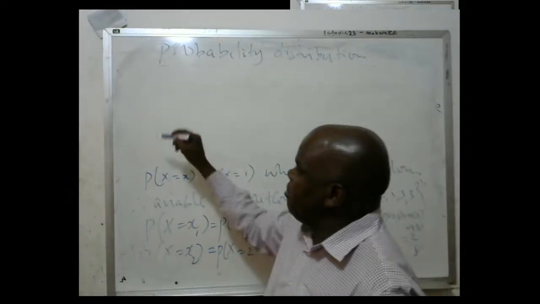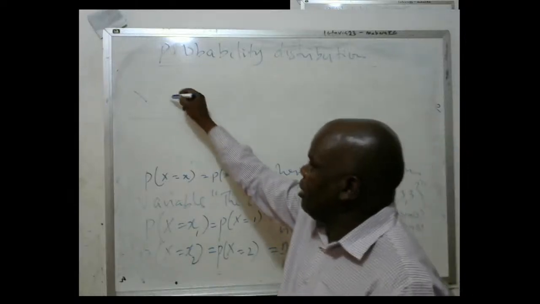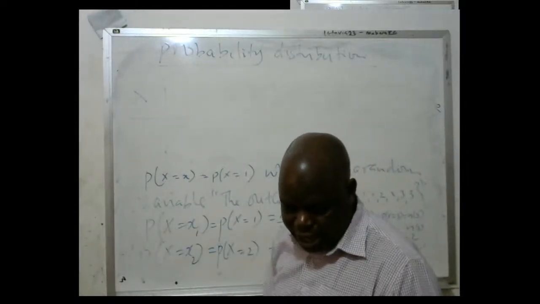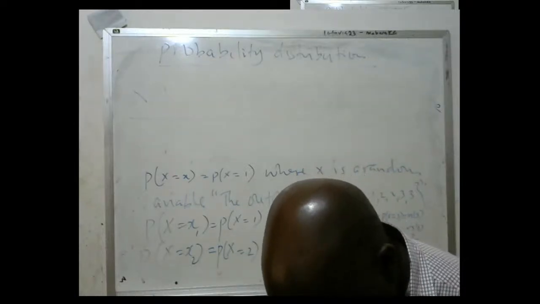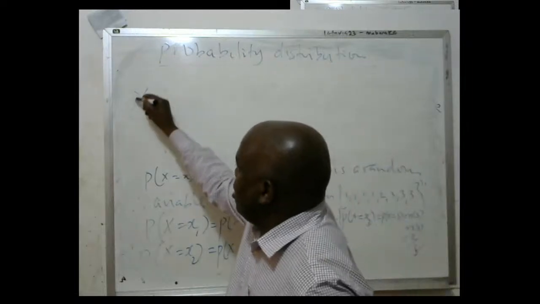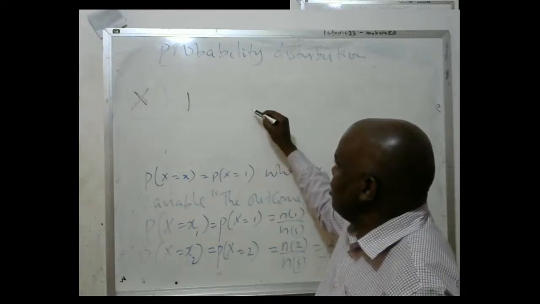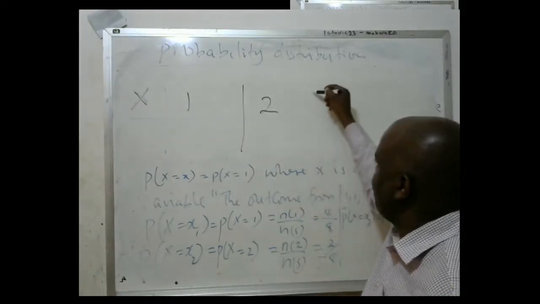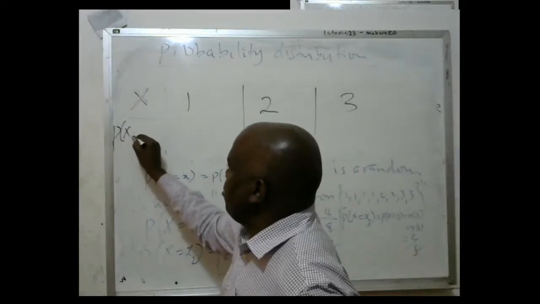So we can write them like that and say our x values are 1, a 2, and what? A 3, and we had their respective probabilities.